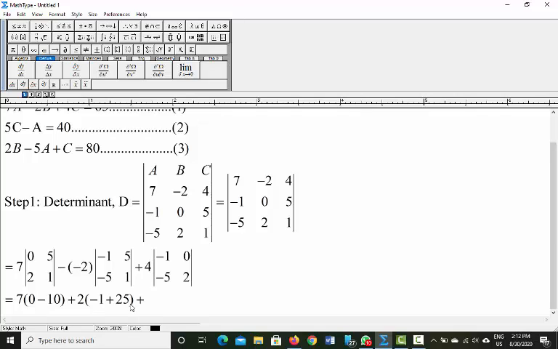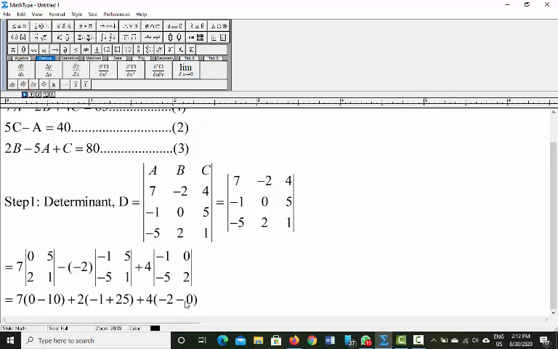And then plus 4. Now we will multiply this one with this one. So we will get minus 2. And this is the minus from the formula. Again, now we will multiply this one with this one. If you multiply something with 0, you get 0.